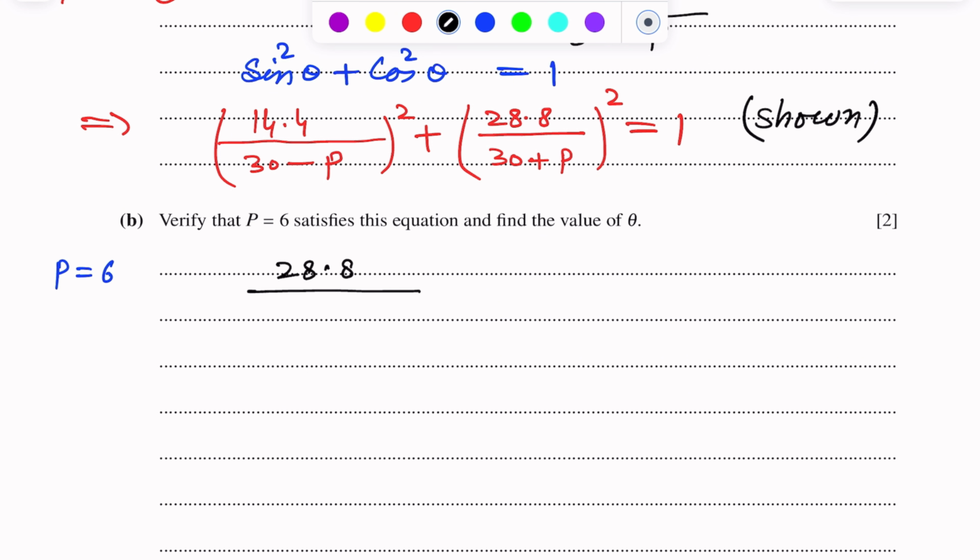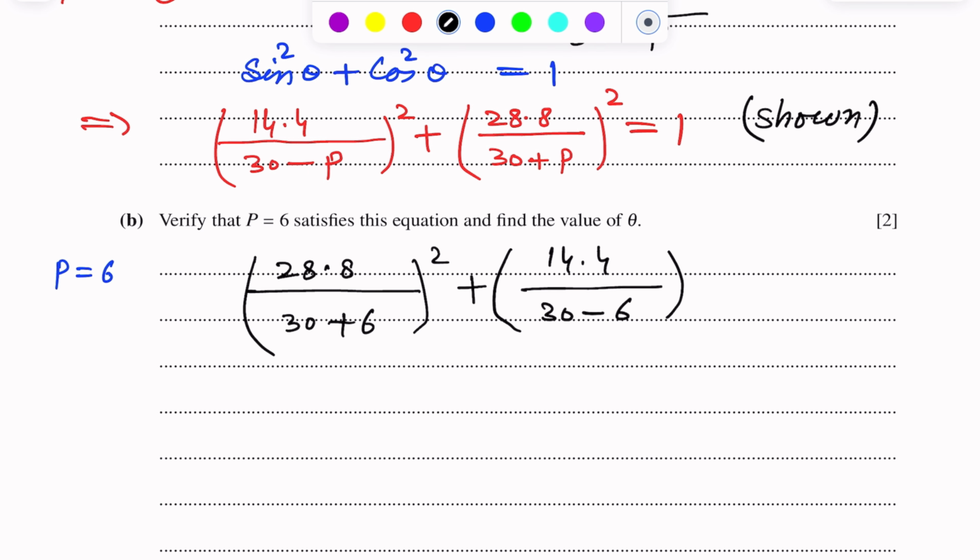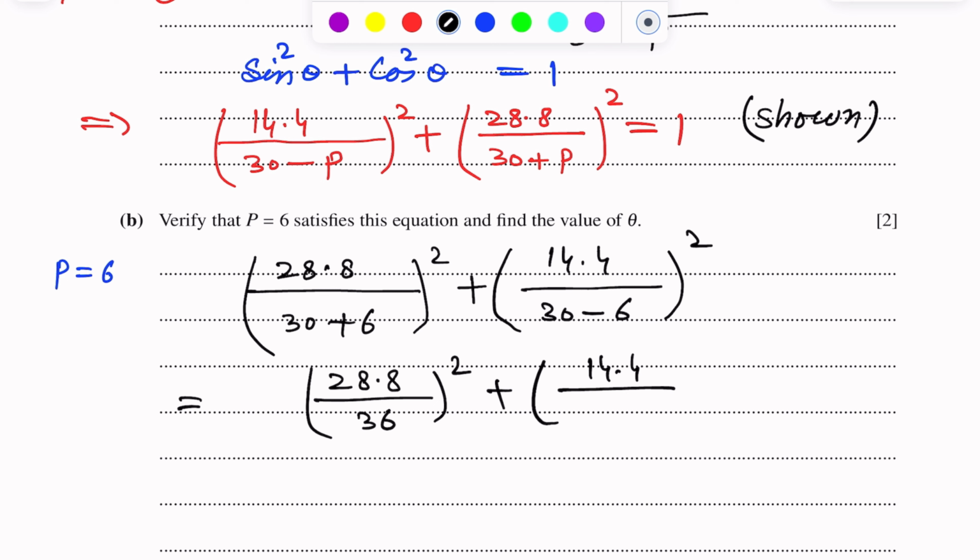28.8 over 30 plus p, p is 6, whole square, plus 14.4 over 30 minus p, p is 6, whole square. Now simplifying it, 28.8 over 36 whole square plus 14.4 over 24 whole square.